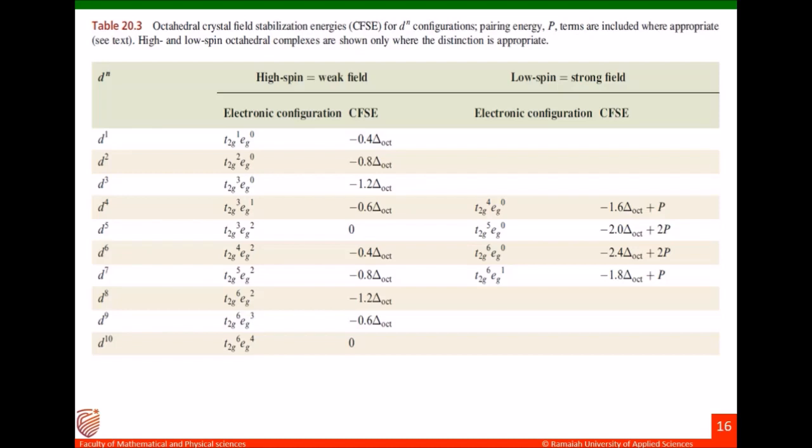So you can see all the crystal field stabilization energy values associated with the dn configuration, both in high spin or weak field, or low spin, strong field configurations. When the crystal field is weak, for high spin, the delta octahedral value will be lesser than P. For a strong crystal field, the delta octahedral value will be higher than P.